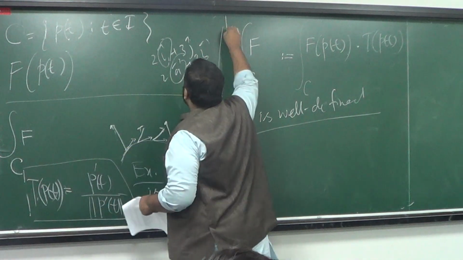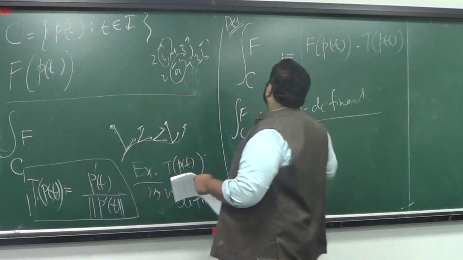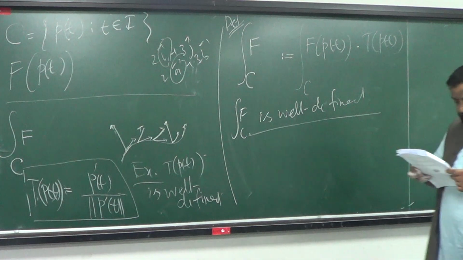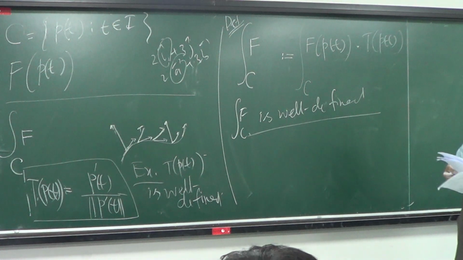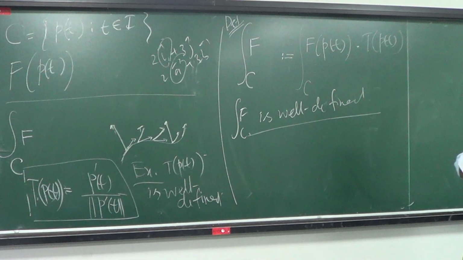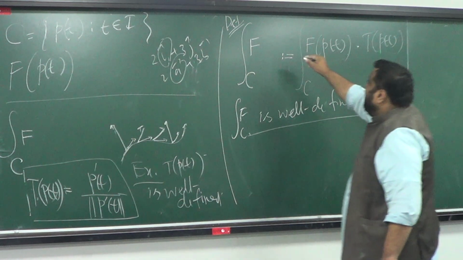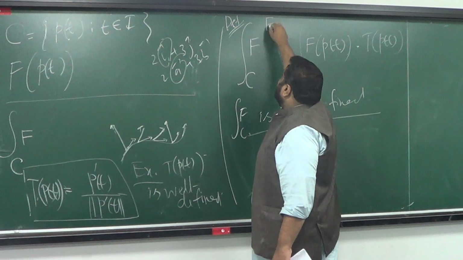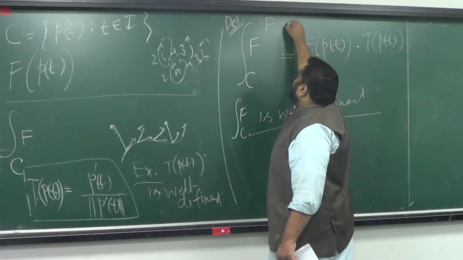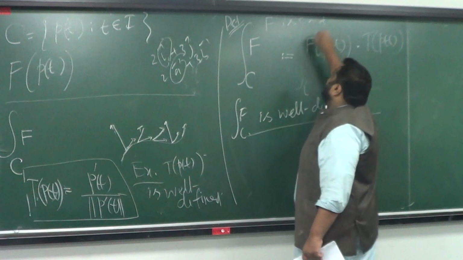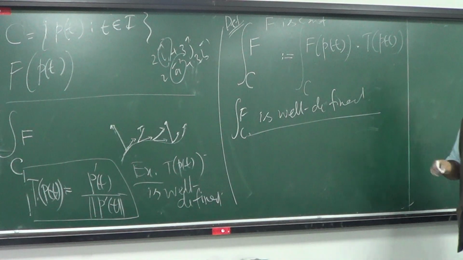Treat this as a definition. Obviously, in this definition, I'm going to assume that f is not just a vector field, but f is continuous. So it's a continuous vector field.